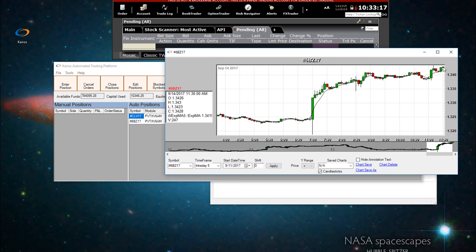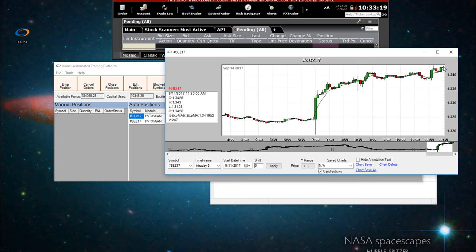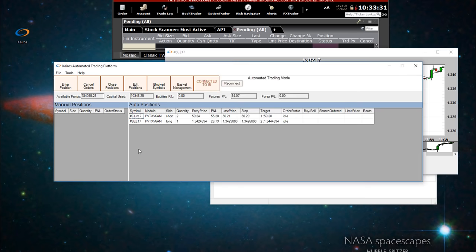The high has been 1.3430, so it'd be 1.3426, and that's what the stop is now. If it hits that, then it will stop out. Currently it's at 1.3429.